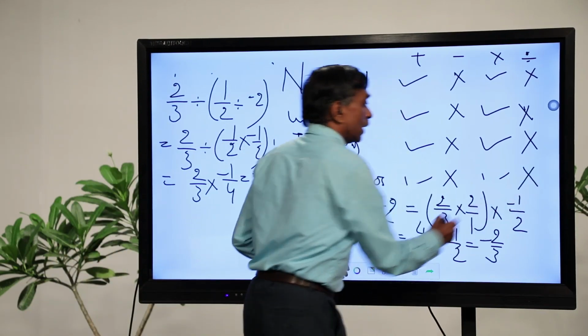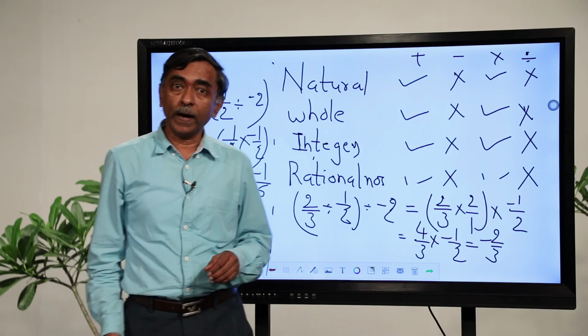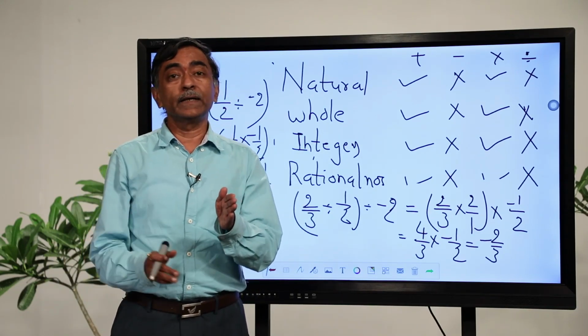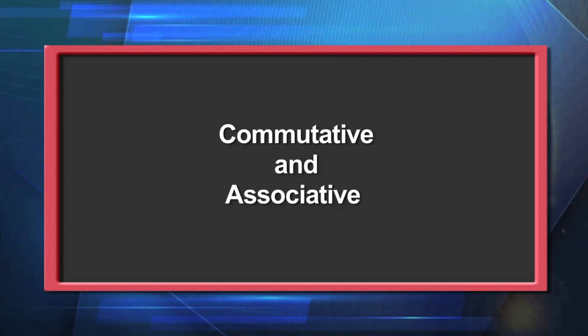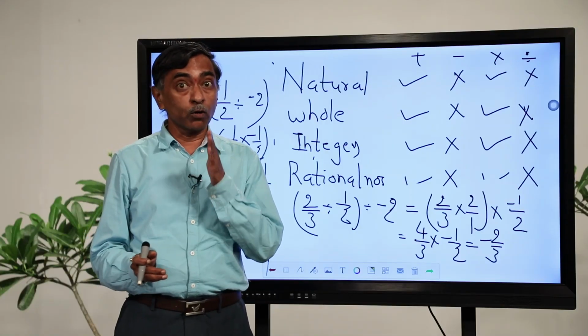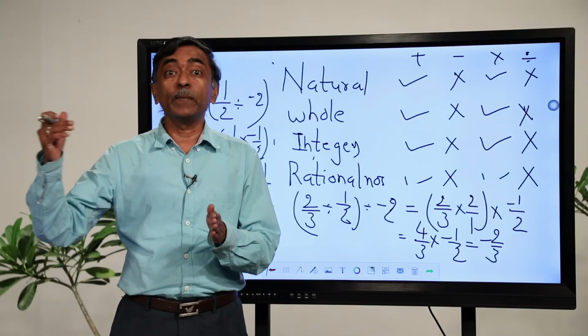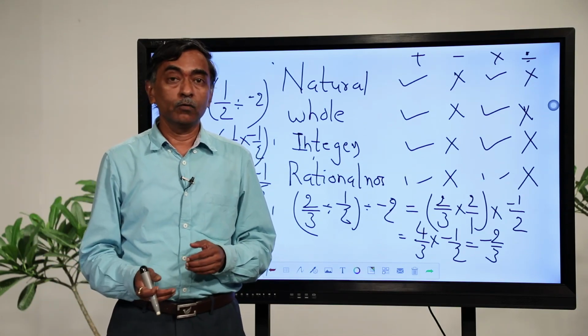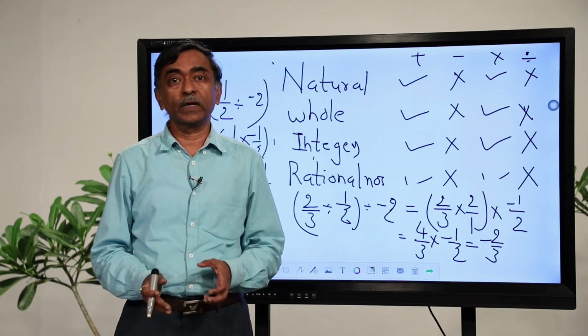And every time I am trying to draw your attention to the fact that if the property of closure does not hold, then it definitely means that the other properties like commutativity and associativity will definitely not hold. But if the property of closure holds, then it may or may not hold for commutativity as well as associativity. Friends, these observations are very important.